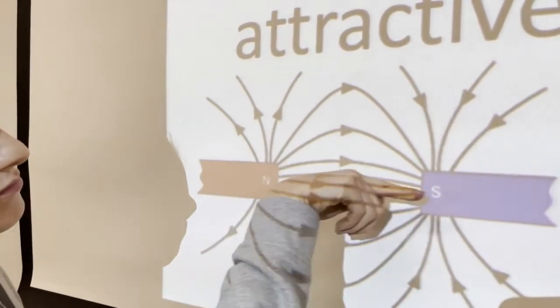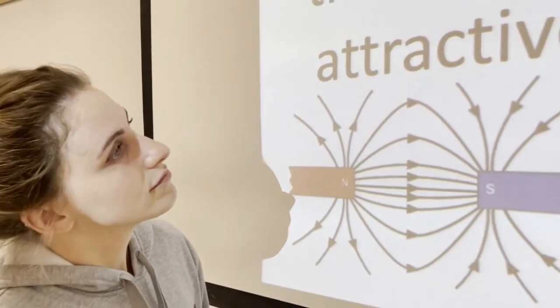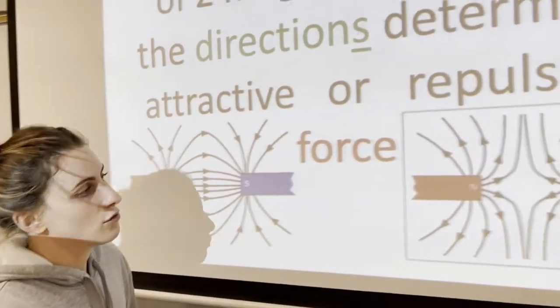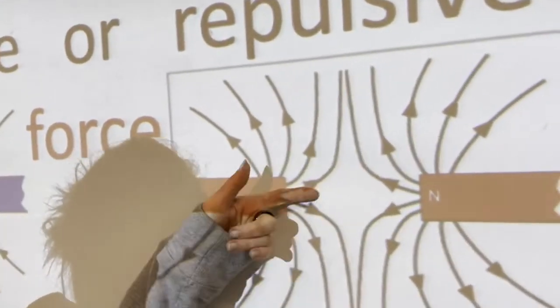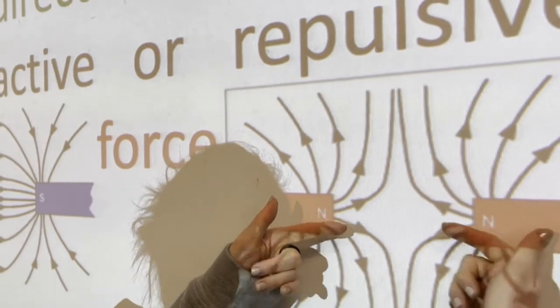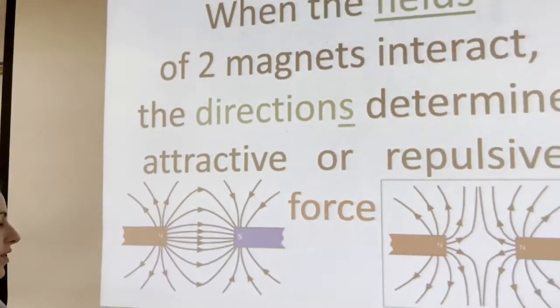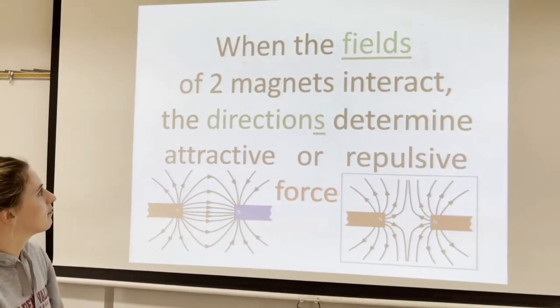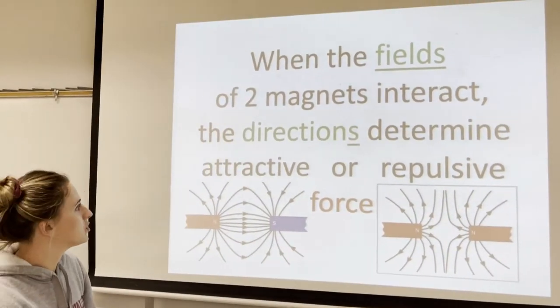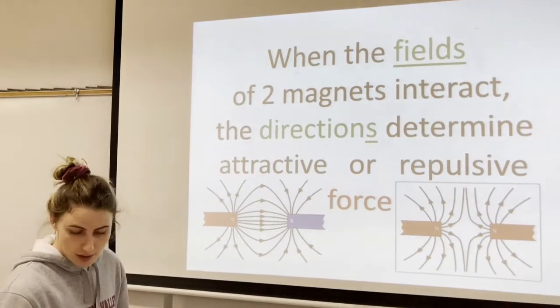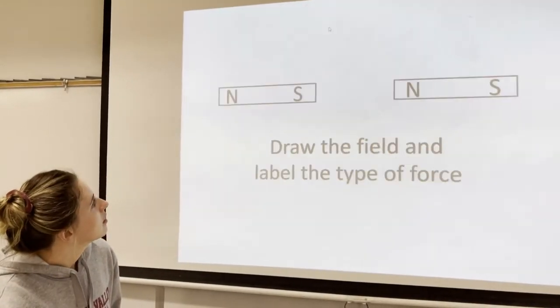There's a natural connection that gives us attraction. And then over here, we have out of the north and out of the north. They're going in the same direction, so they repel. The direction that the field flows in determines attractive or repulsive.